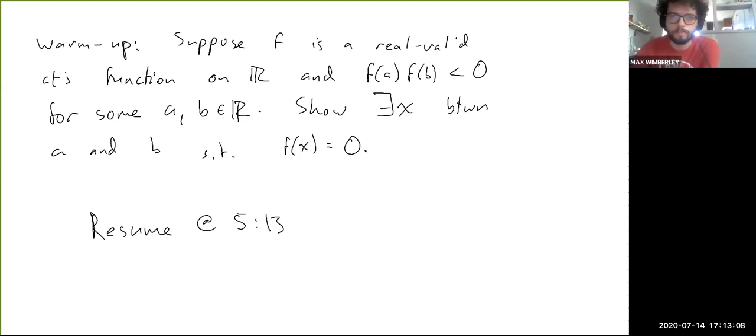All right, great. So it looks like there are quite a few people here actually, which is good. Hopefully this didn't take too long. It's essentially just an application of the intermediate value theorem.